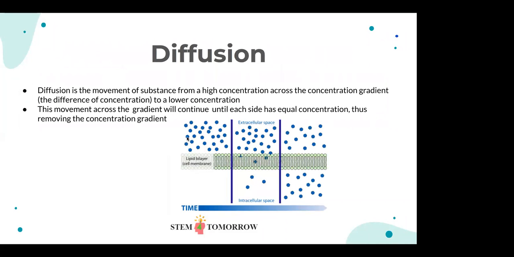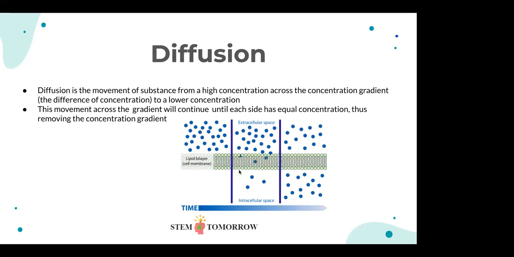So the first type of passive movement would be diffusion, which is the movement of a substance from high concentration across a concentration gradient, the difference in concentration, to a lower concentration. So pretty much the concentration gradient is the separator or barrier between high concentrations of one molecule versus a lower concentration on the other side.